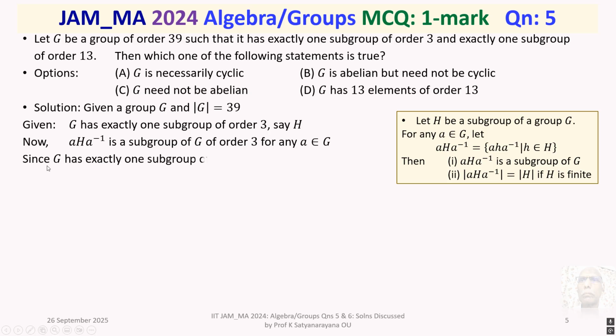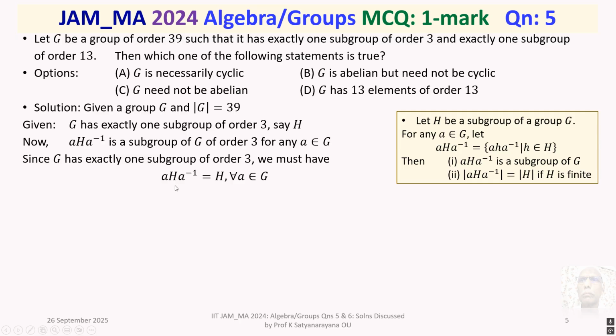So, since G has exactly one subgroup of order 3, we must have aHa inverse is H itself for all a belongs to G, because G has exactly one subgroup of order 3.